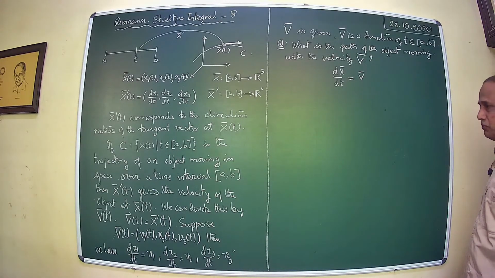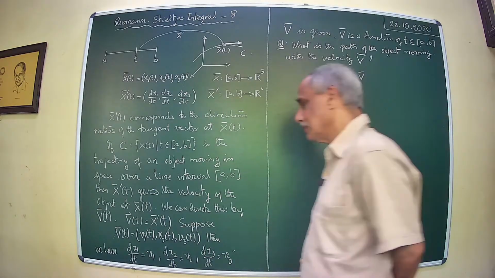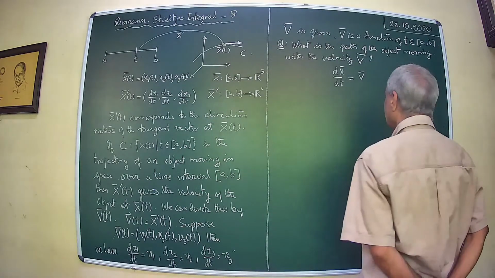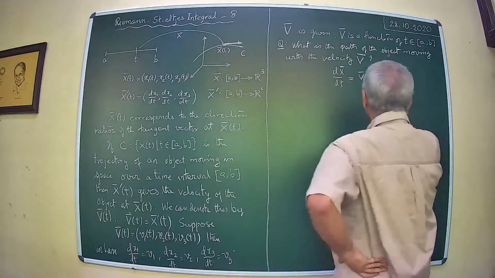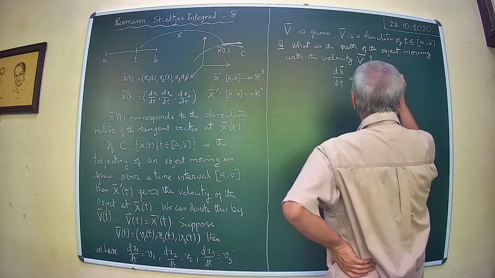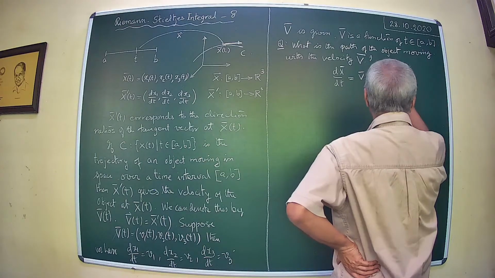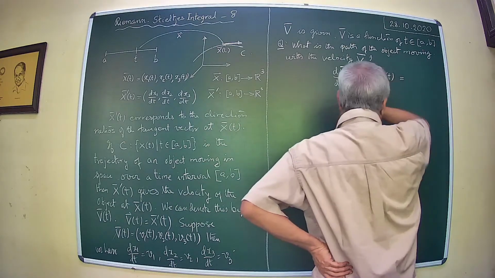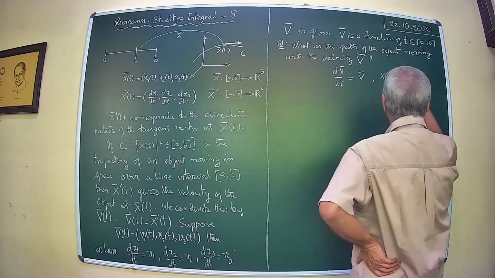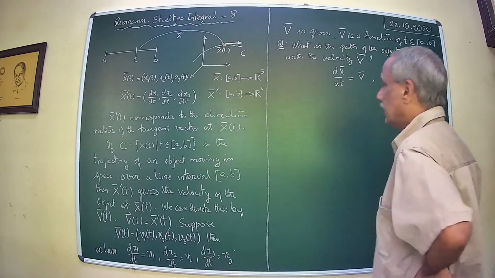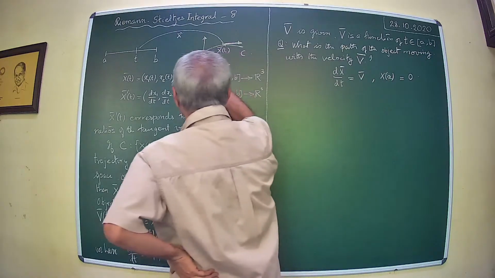Now you know that to fix a solution you also need an initial data. So let us assume that x at a equal to 0. That means it starts from the origin.